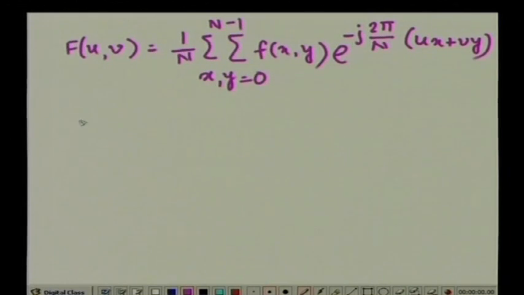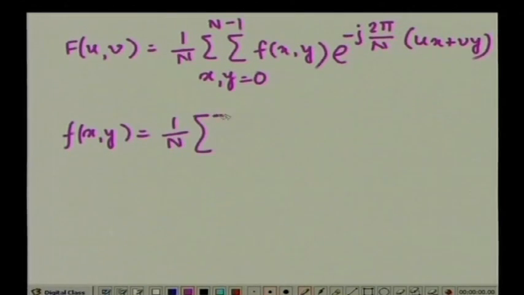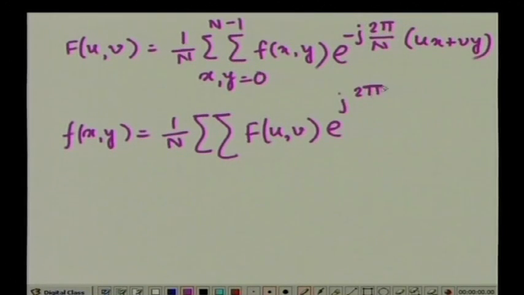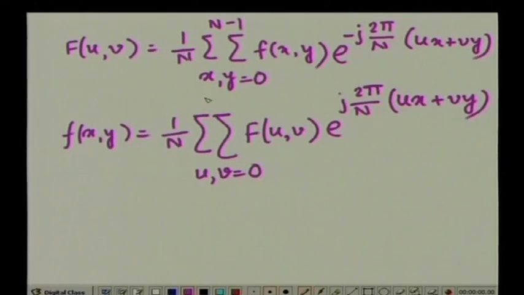And similarly, the inverse Fourier transform f(x,y) will be given by 1 upon capital N double summation F(u,v) e to the power j 2 pi by N (ux plus vy), where the variables u and v will now vary from 0 to capital N minus 1.